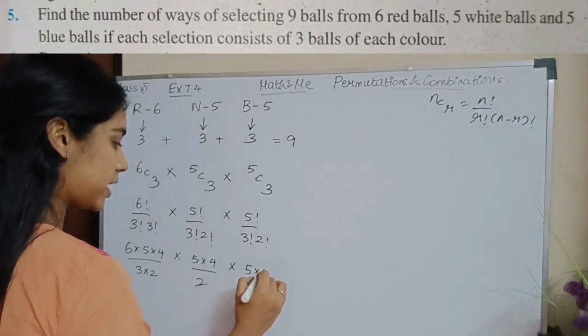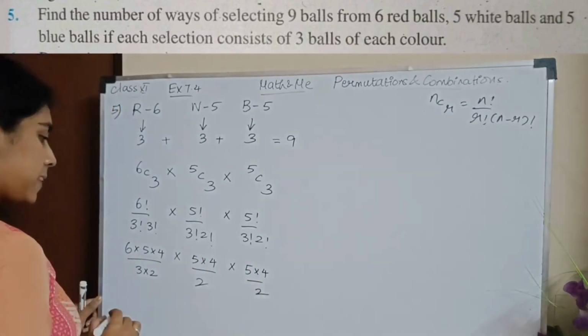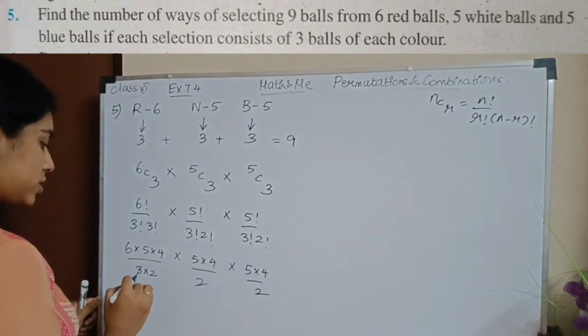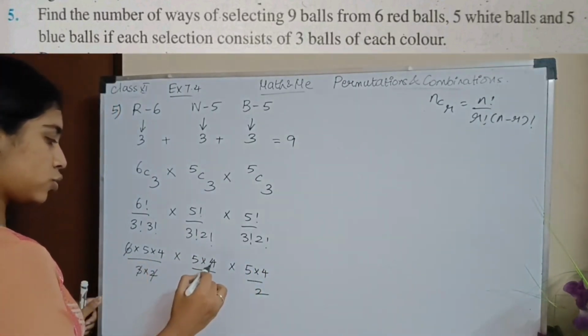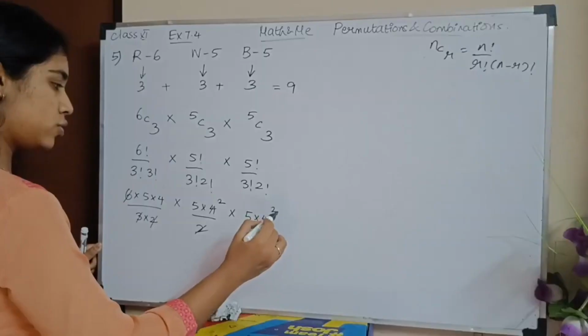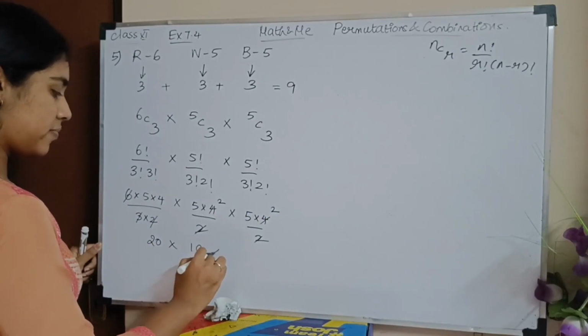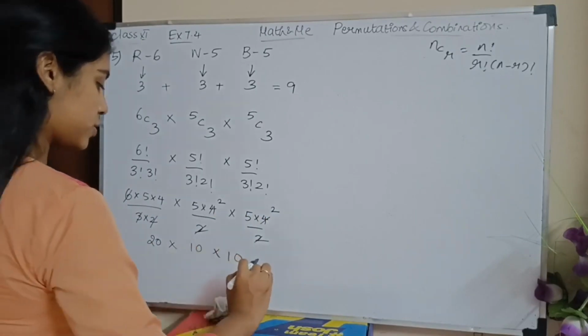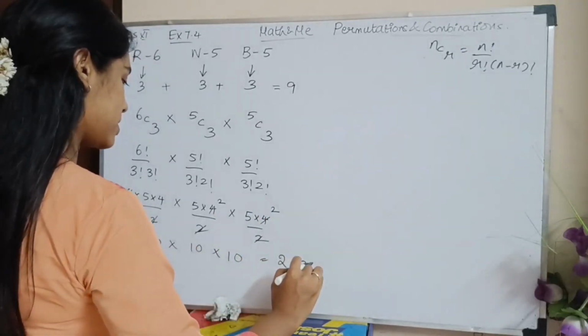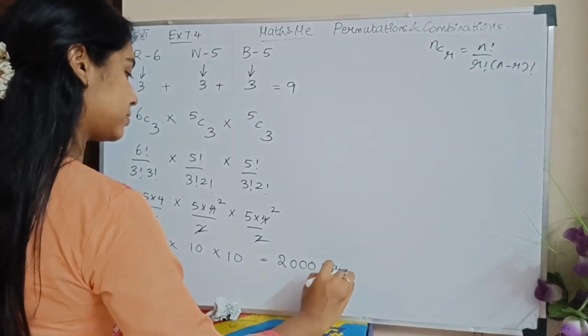So similarly 5 into 4 divided by 2. 3 2s are 6, so I'll be left with 20 times 10 times 10. So I'll be left with 2000 ways. Okay.